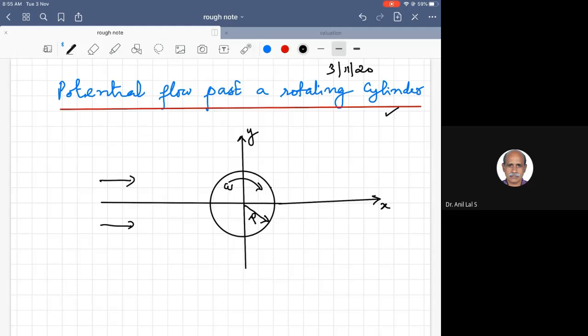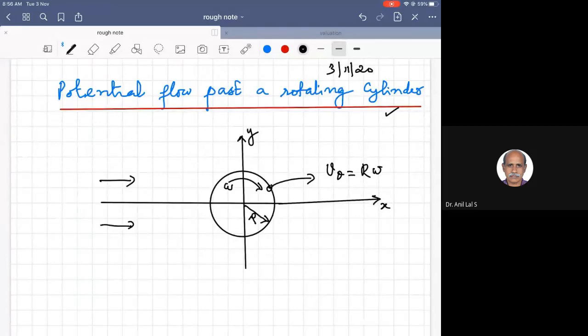The tangential velocity at this point, v theta, is equal to r into omega, because of the rotation of the cylinder.